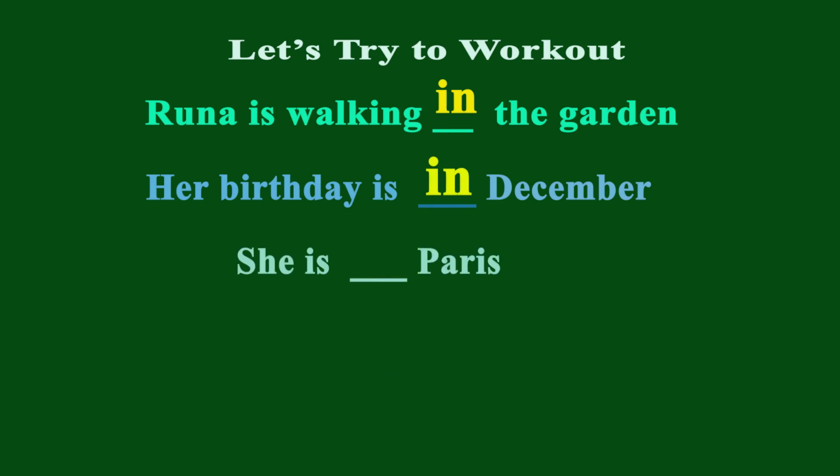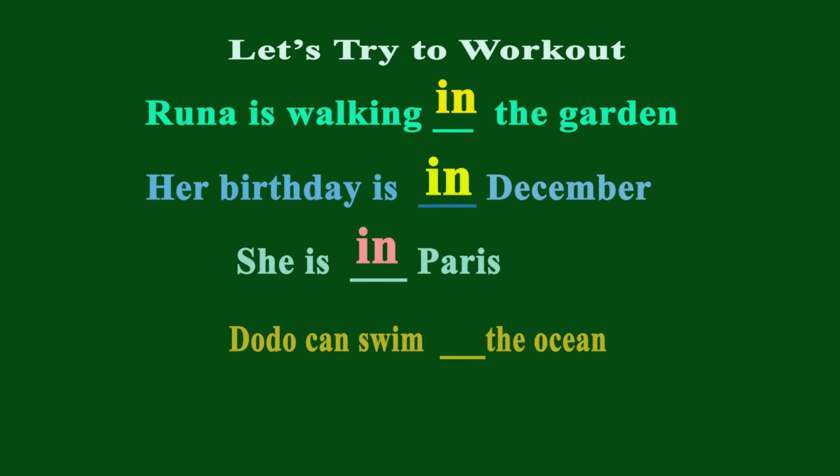She is dash Paris. Paris is a city, and we will use the preposition in. She is in Paris. Dodo can swim dash the ocean. Here it is inside something, so Dodo can swim in the ocean.